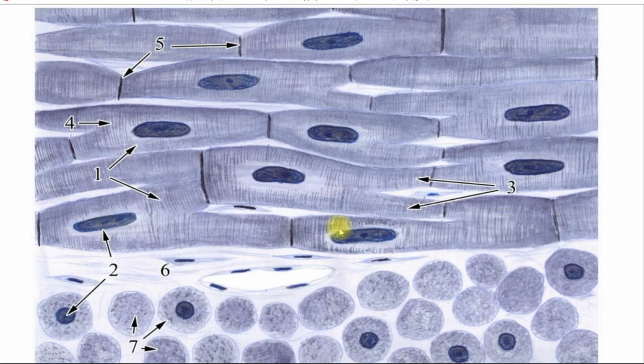Here we can see a longitudinal section of the cardiac muscle and a cross section of cardiac myocytes. They may have different orientation of myocytes, and here we can see that nuclei have a central position in the cardiac muscle, and the endomysium with fibroblasts, and also a blood vessel which brings oxygen.